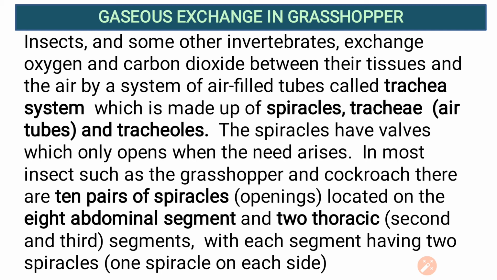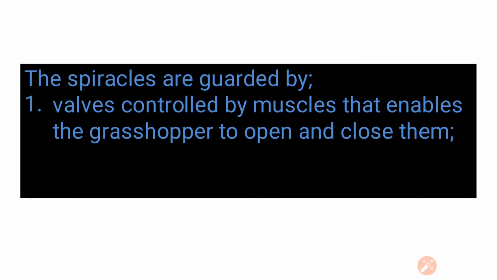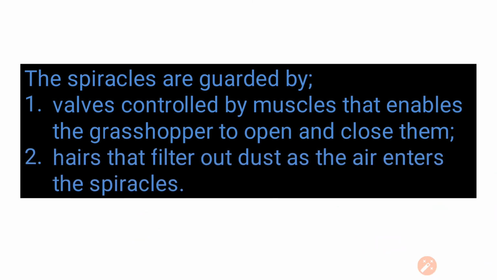Take a look at these labelings. You see the trachea, the air sacs, and then the tracheoles, and finally the spiracles. Now the spiracles are guarded by 1. Valves, which are controlled by muscles that enable the grasshopper to open and close them. 2.